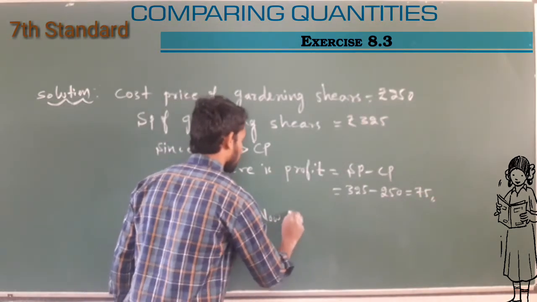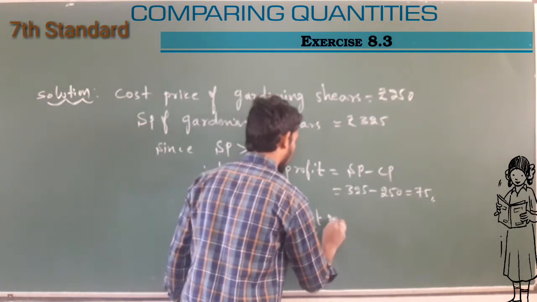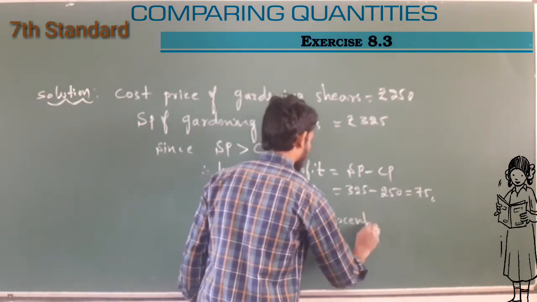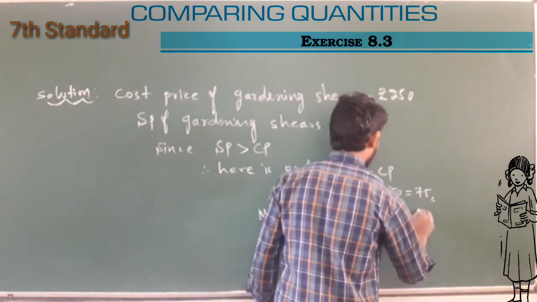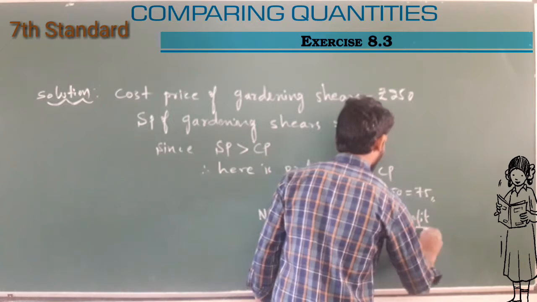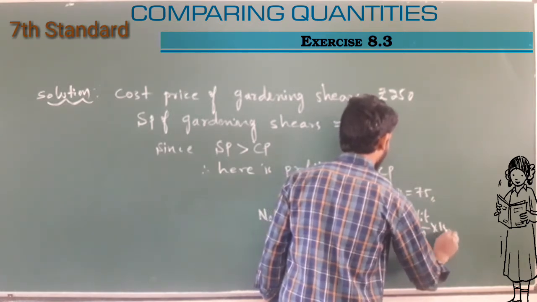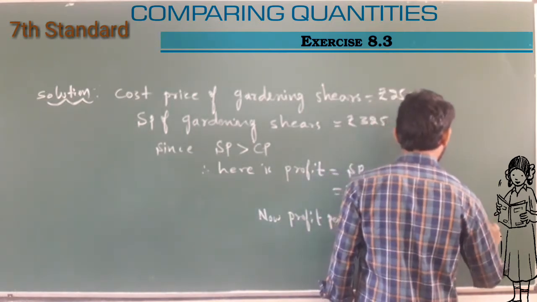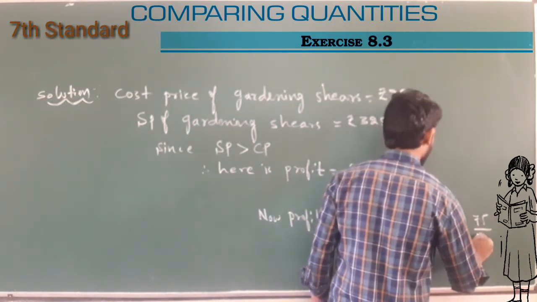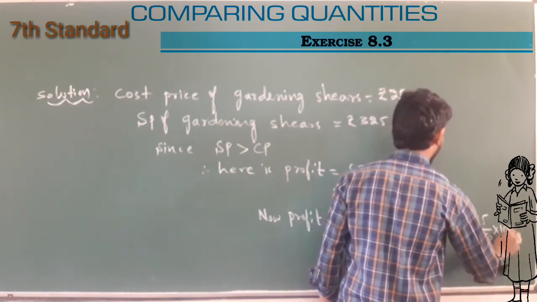Now profit percentage is equal to profit by cost price into 100. Profit is 75 rupees, cost price is 250 rupees, into 100.